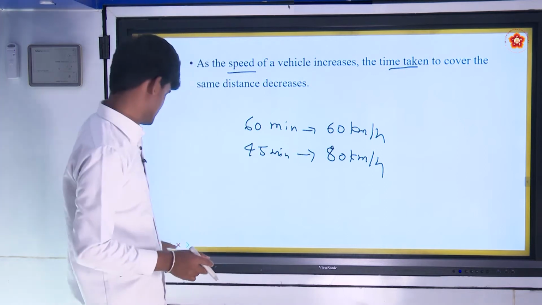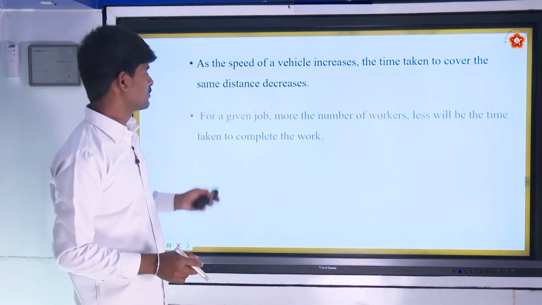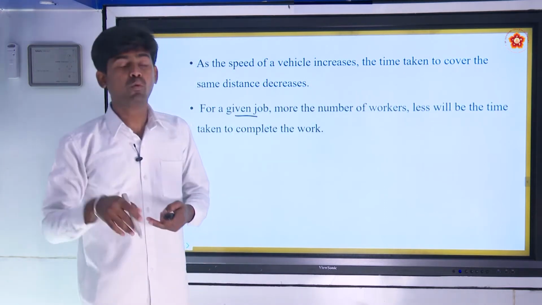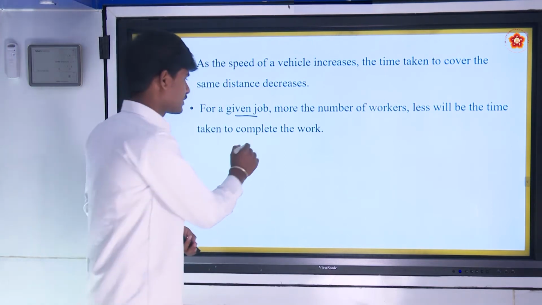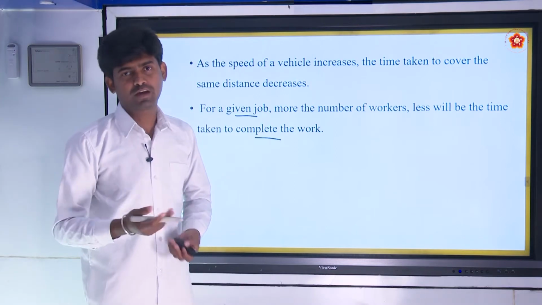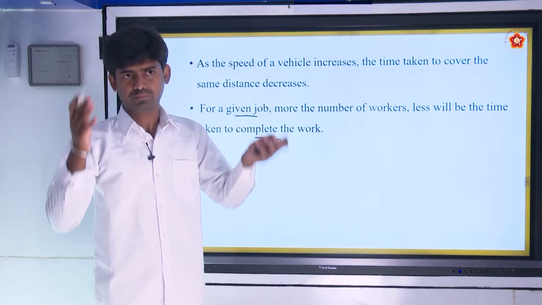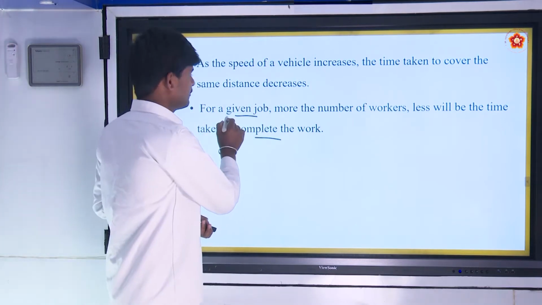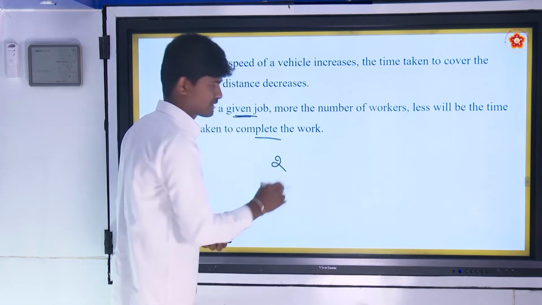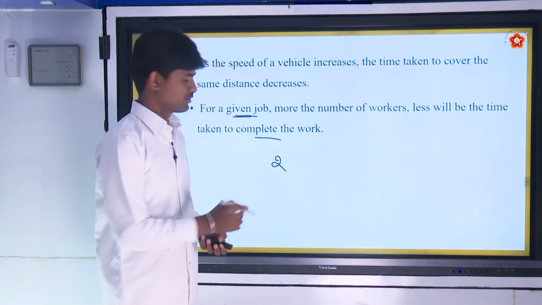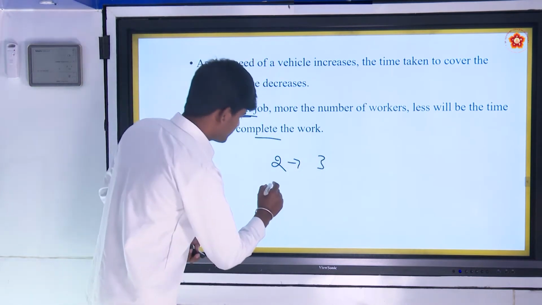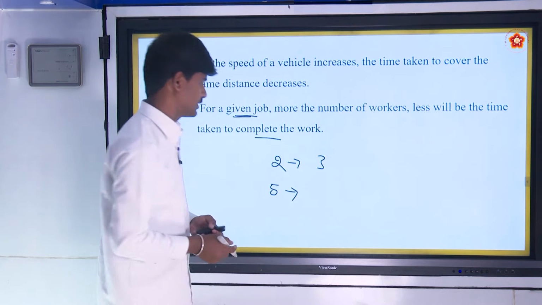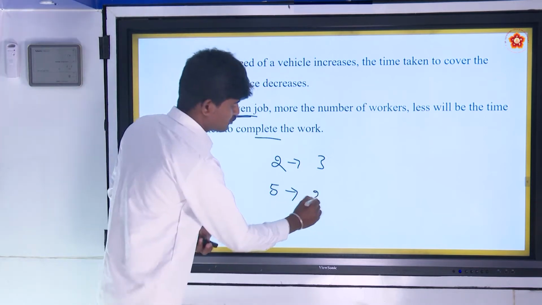Next, for a given job, the more workers there are, the less time is taken to complete the work. Suppose I am going to build a building, for example, 2 workers build it in 3 months. If there are 5 members working daily, it will be completed in 2 months.